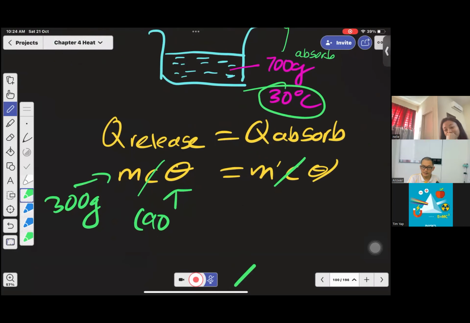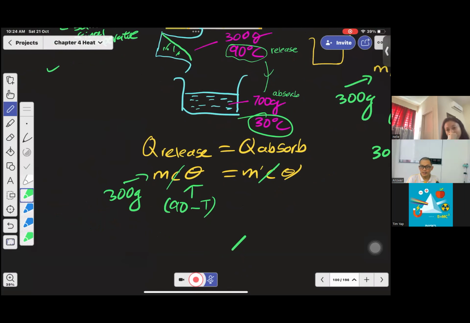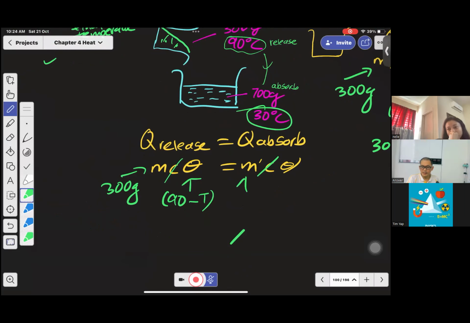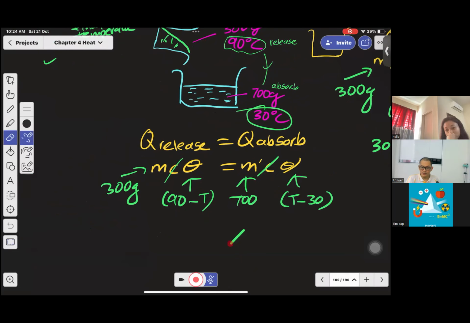After you release, the final temperature must be smaller, right? So I use 90 minus T. For the other side, mass is 700. The final temperature sure is bigger than the initial 30 because it absorbs heat.